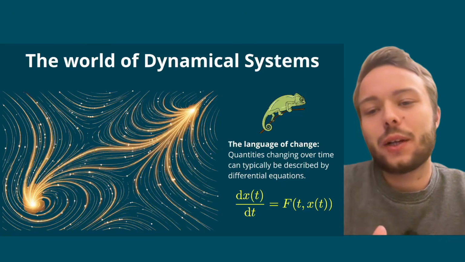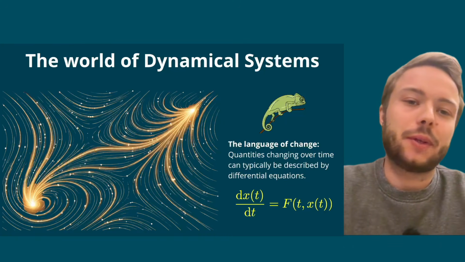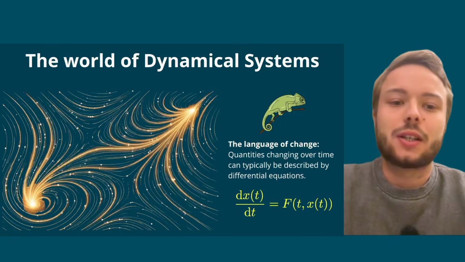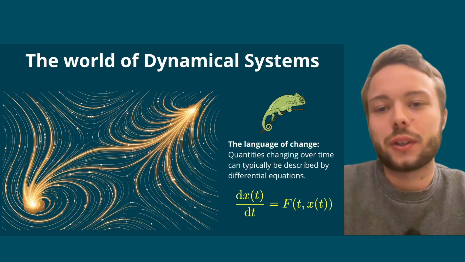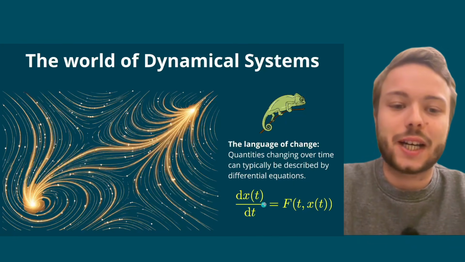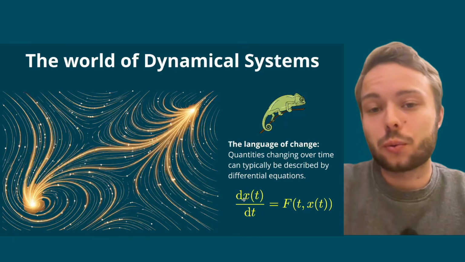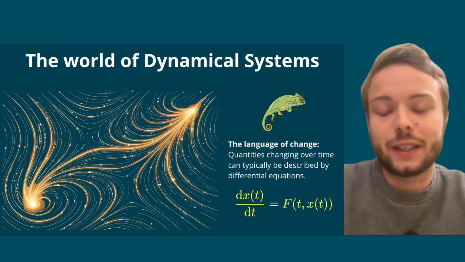So any quantity that changes through time can be described in terms of instantaneous rate of change. So in terms of how a quantity of interest changes through time, and hence how the derivative with respect to time of that quantity is defined, is modeled.